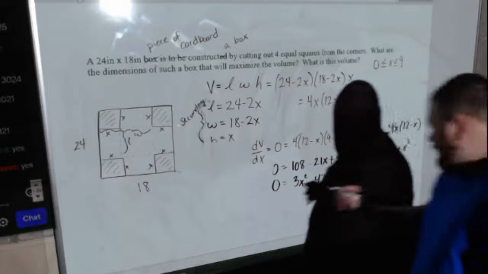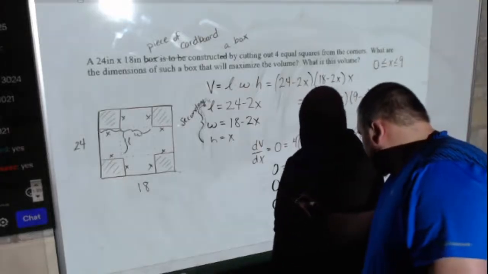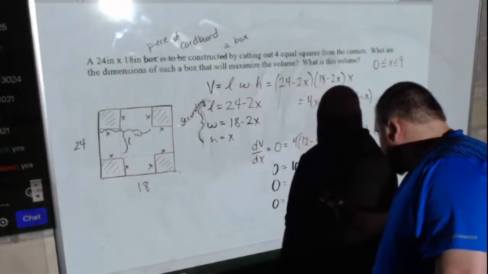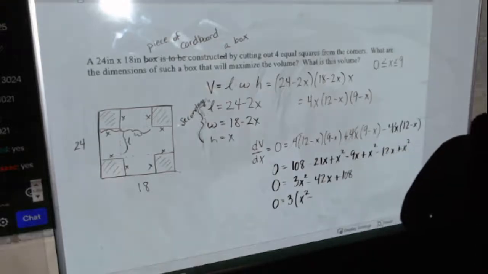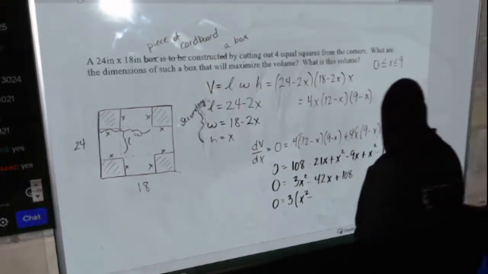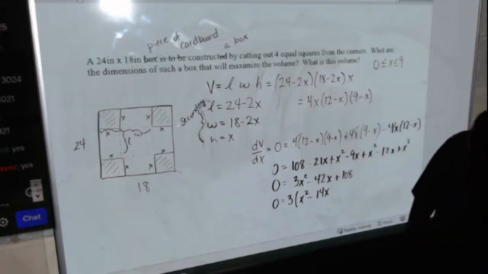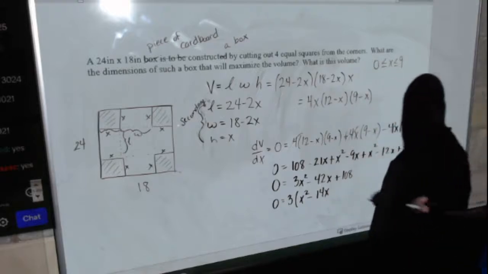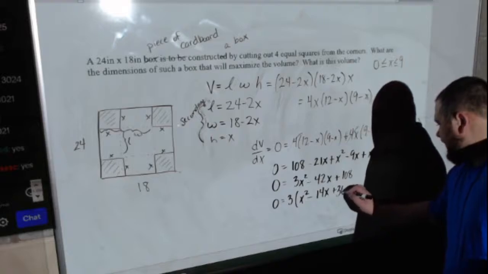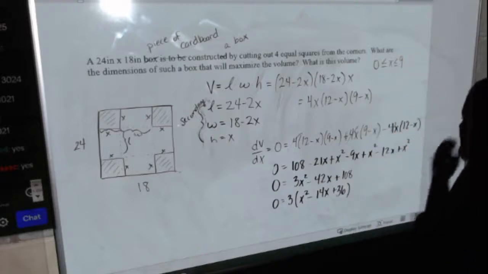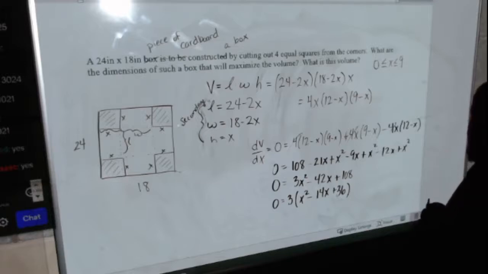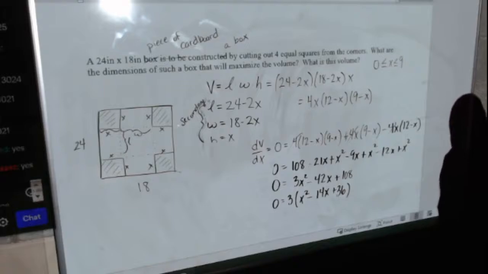So this is x squared minus 14x and plus 36. So that's something we can handle pretty easily. We're looking for two numbers that multiply to 36 and add to negative 14.